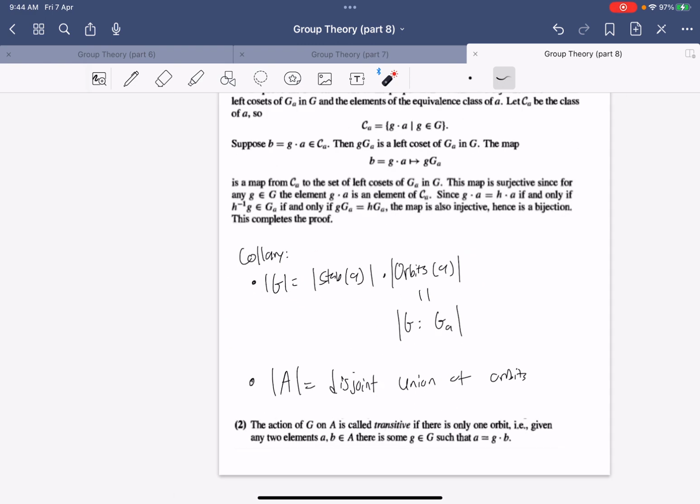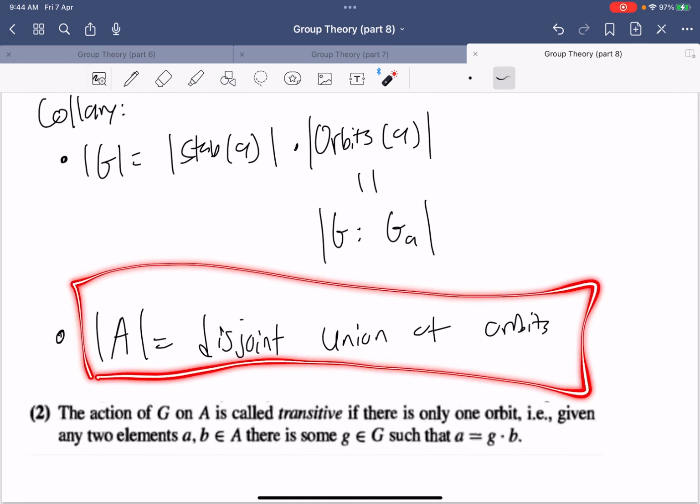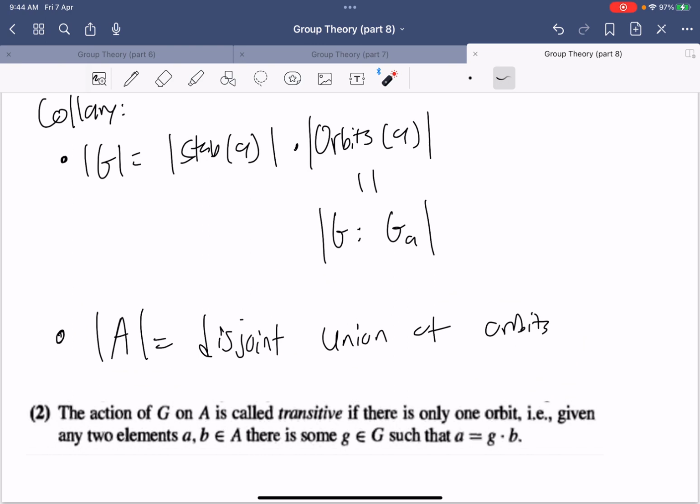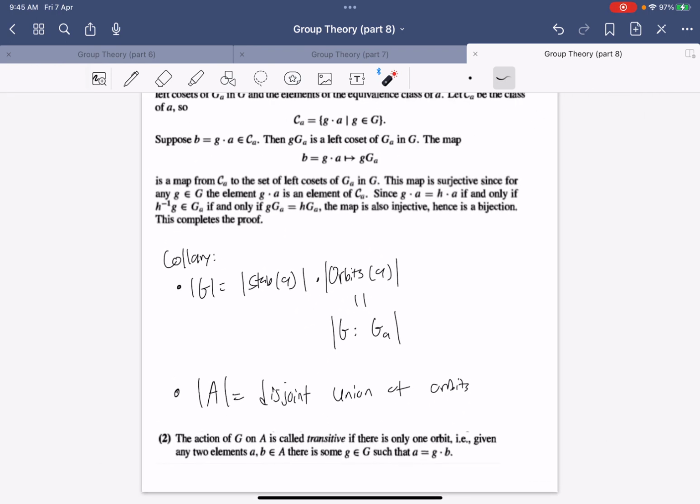Also, because of the equivalence relation, the size of A equals the disjoint union of the orbits, so you just need to sum the number of elements in each orbit. And the last notion to take note of is that we call an action transitive if there is only one orbit.